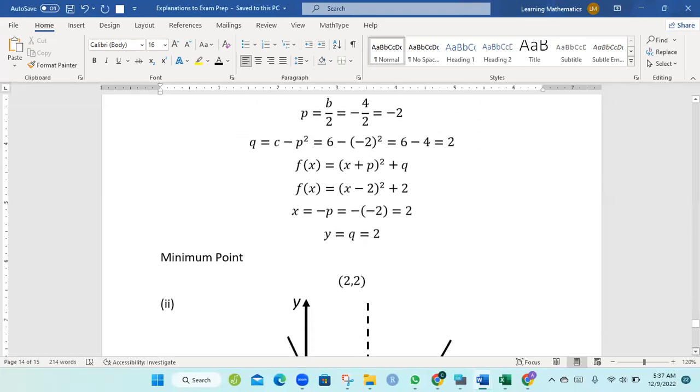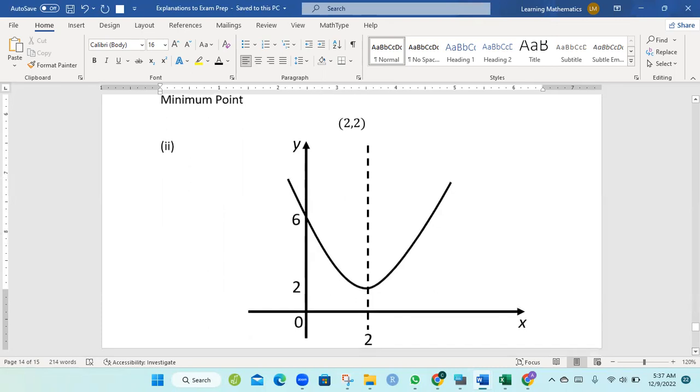So we can use this information to sketch the parabolic curve. It is a U shape because the value of a is positive 1. The line of symmetry is x equal to 2, the y-intercept is 6, and the minimum point is (2, 2). So this parabola does not cross the x-axis because the minimum value is 2, which is above the x-axis.